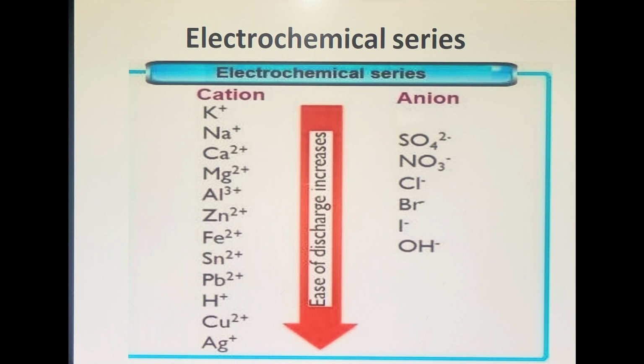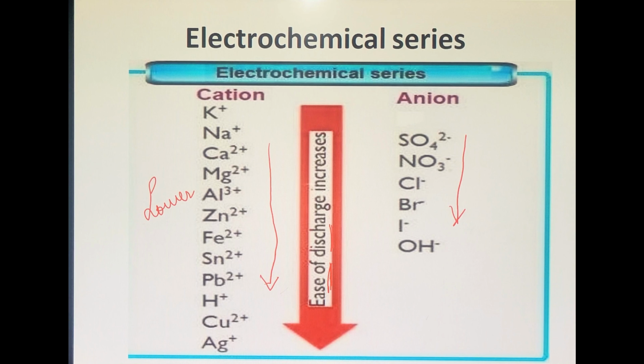The lower the position of the metal, the more easily will it get discharged. Am I clear to you, children? I am again repeating the sentence. The lower the position of the cation or the anion, the more easily will the discharge happen.